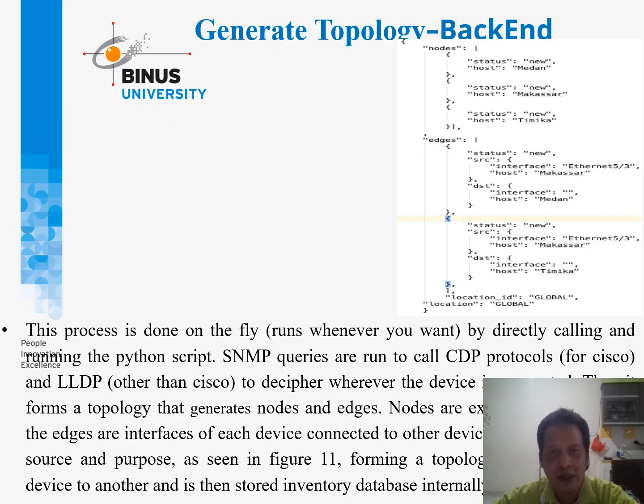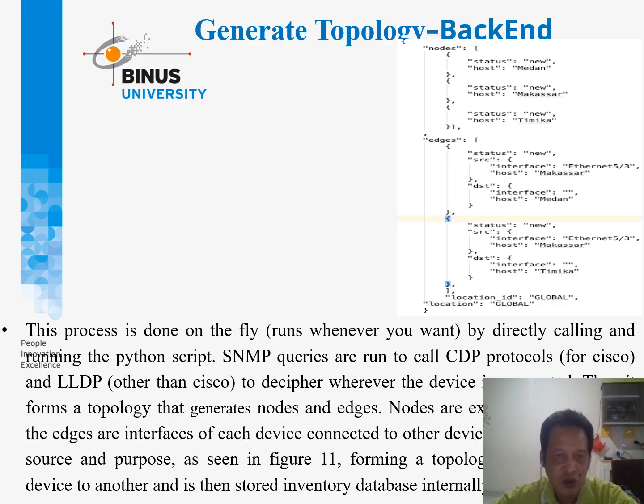The next is the third step, generate topology, for the backend. This process is done on the fly, or run whenever you want, by directly calling and running the Python script. SNMP queries are run to call the CDP protocol for Cisco and LLDP for non-Cisco devices to discover wherever the device is connected.